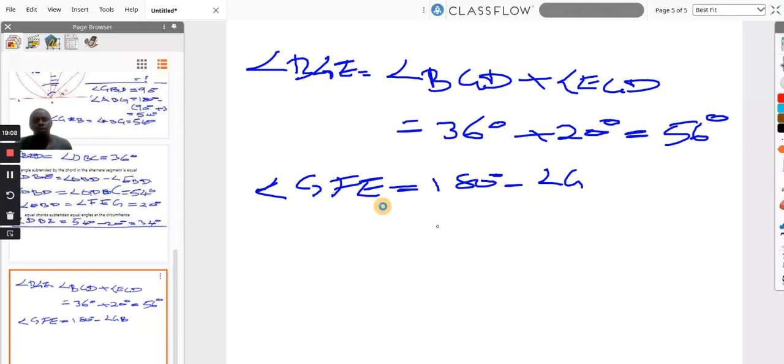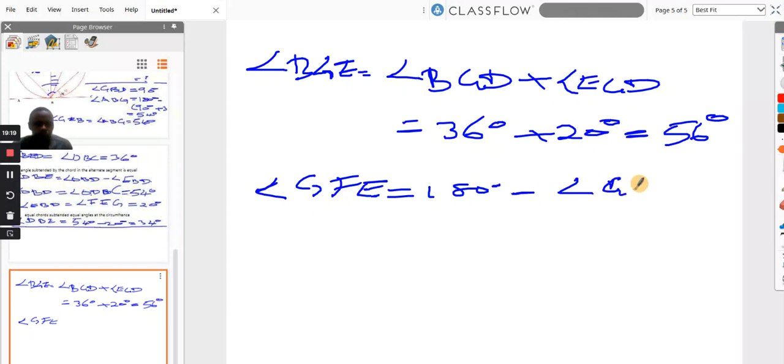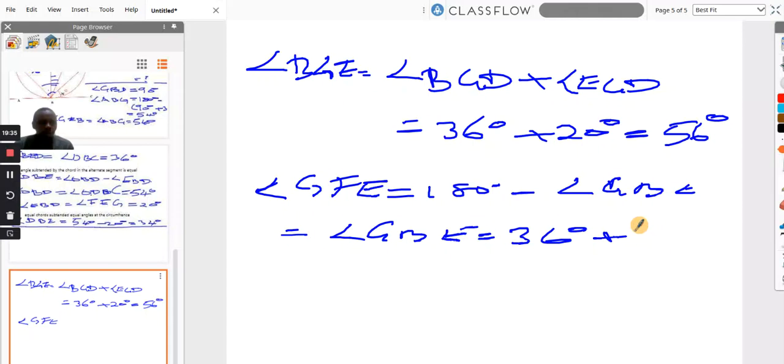So we want to find angle GBE, and angle GBE, I've said, will be equal to 36 plus 34, so that is 70 degrees.